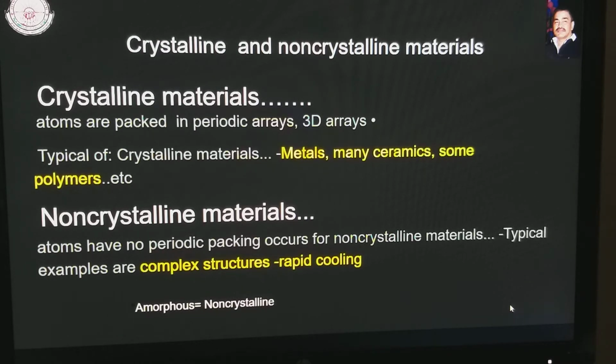Typical examples are complex structures. After rapid cooling, we can have nanocrystalline materials. In other words, we can say that all amorphous solids are included as nanocrystalline.